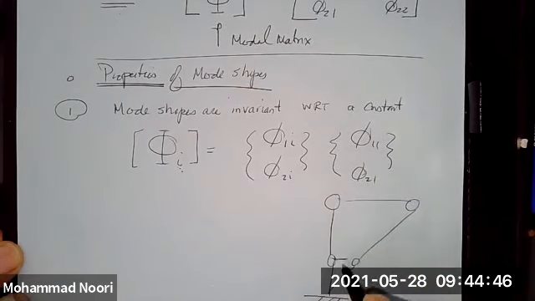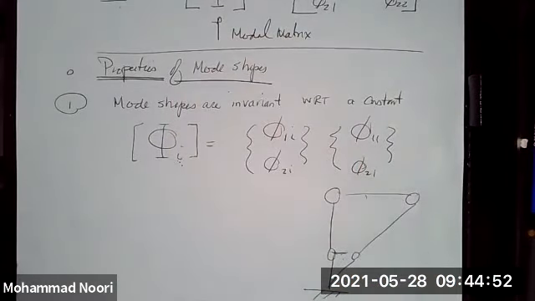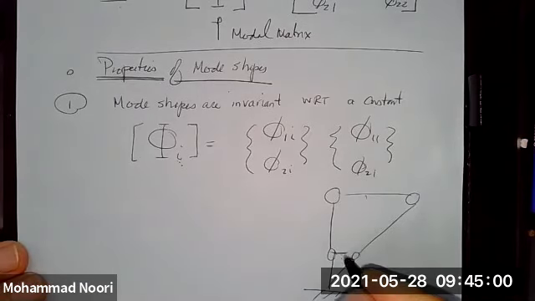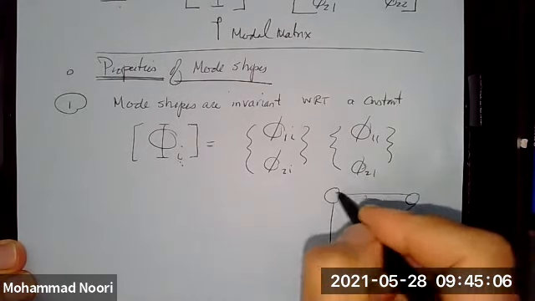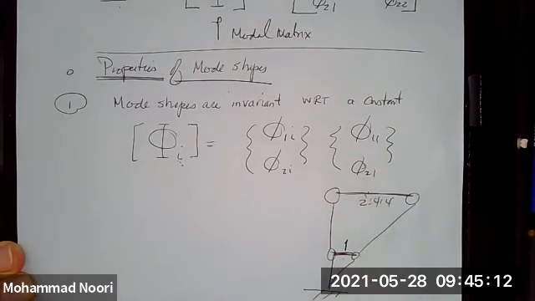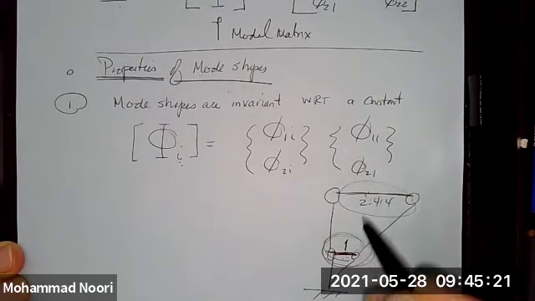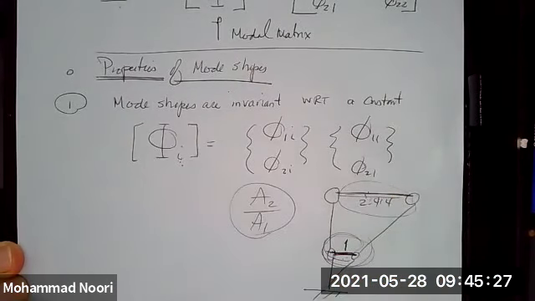In order to find these, as we saw, we only consider one of those equations in the case of 2 degrees of freedom and divide everything by one of those variables, say A2, and we found the relative value. Then we said, okay, I would assume this is 1, so I found the relative value of this with respect to that. For that problem it was like 2.4. So this was arbitrary, right? Regardless of what we choose, since we are finding the ratio of that over this, it doesn't matter.